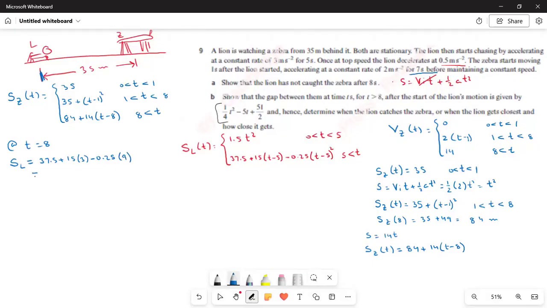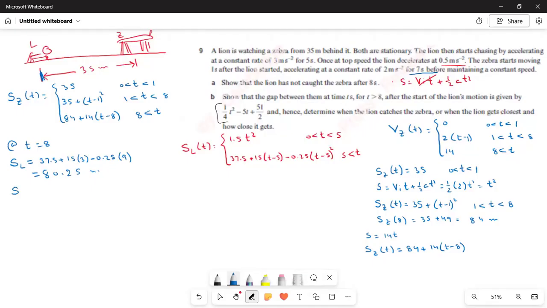And if I calculate this all, it comes out to be, I did this, but let me do it again, 37.5 plus 45 minus 0.25 times 9. So it is 80.25 meters, right?